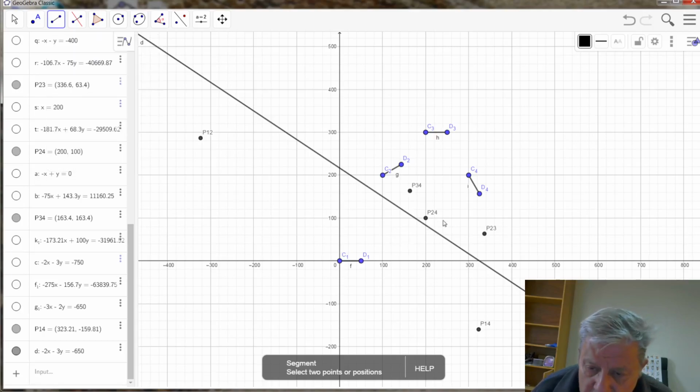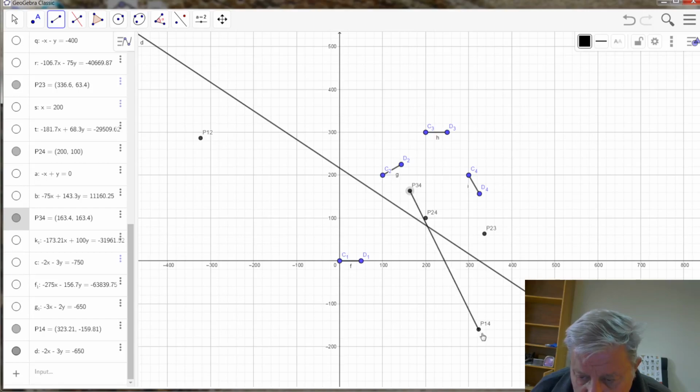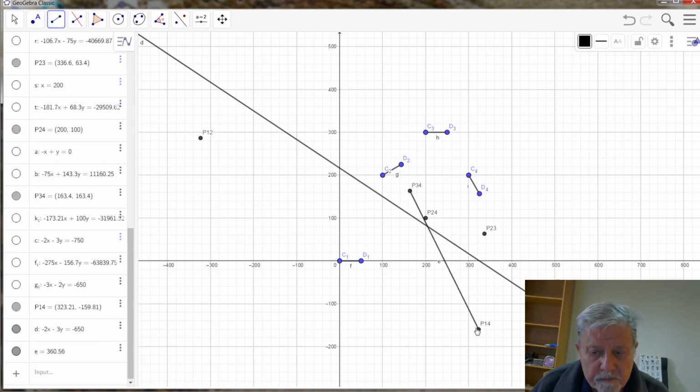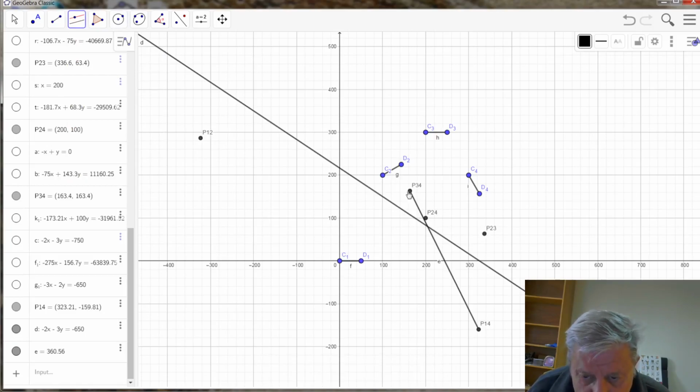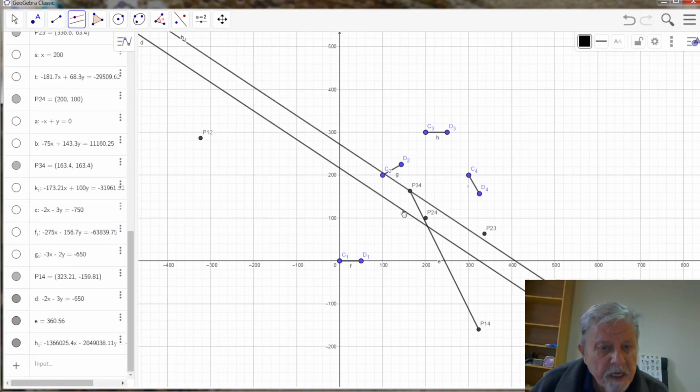First, I know one side. P34, P14 is side 4. That's fixed. Now, I have to join P34 with P13. P13 is at infinity, so I draw a line from P34 parallel to this line.